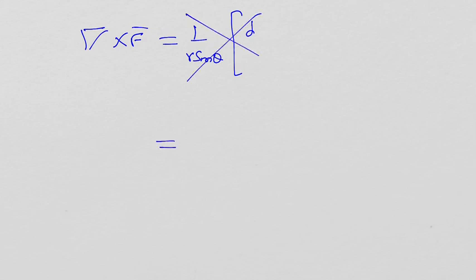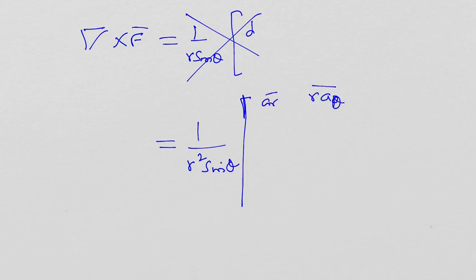Whereas in the spherical coordinate system, del cross F is given by 1 by r sin theta, in the form of a matrix determinant. There are three primary axes: a r, r a theta, and r sin theta a phi.